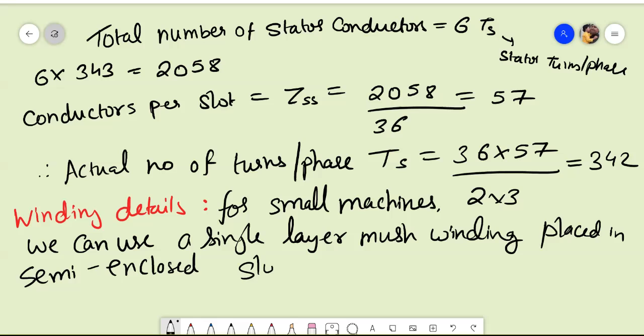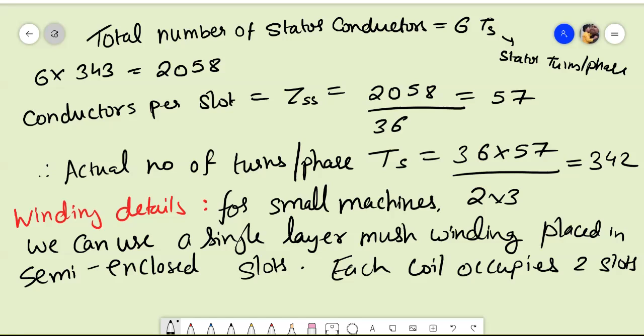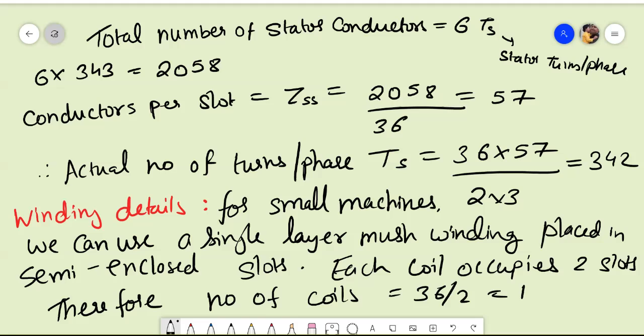And each coil here will occupy 2 slots. And therefore, the number of coils for 36 slots will be equal to 36 divided by 2, that is equal to 18.